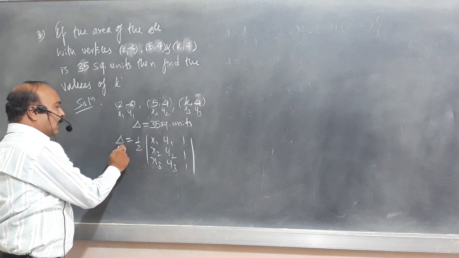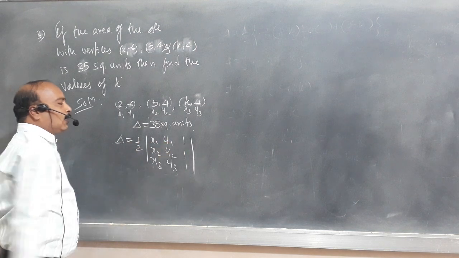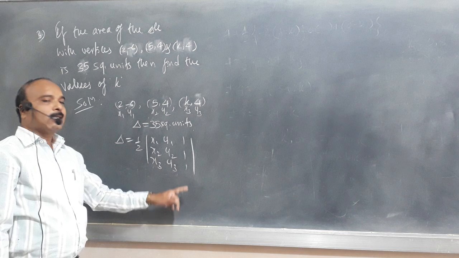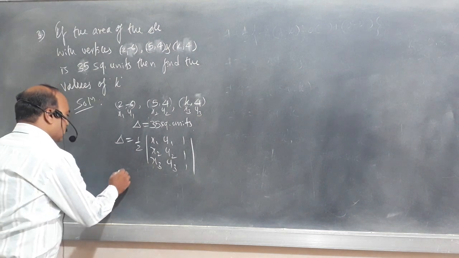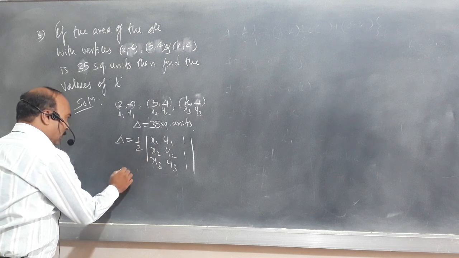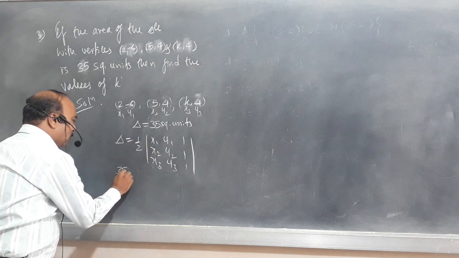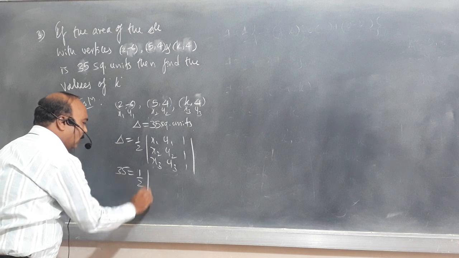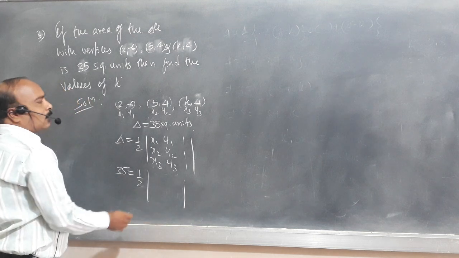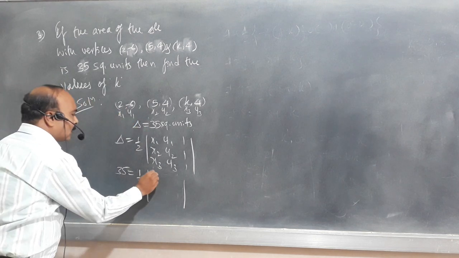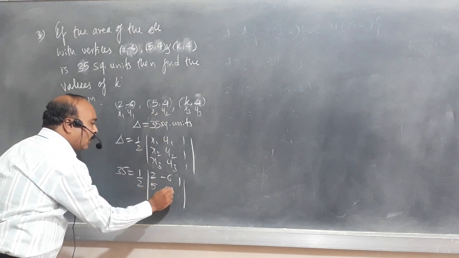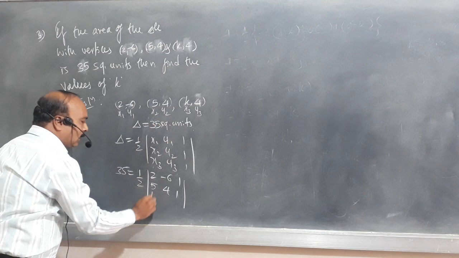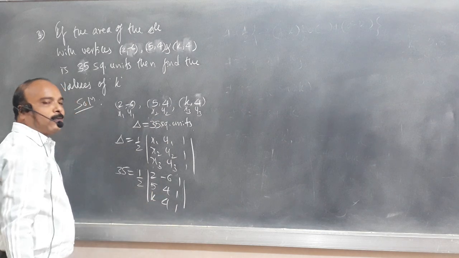It is delta equal to 1 by 2 times the determinant of x1 y1 1, x2 y2 1 and x3 y3 1. Now we find by substituting the values on both sides. 35 is the delta value, 1 by 2 as it is. Here substitute x1 y1, that is 2 -6 1, x2 y2, 5 4 1, x3 y3, k 4 1.